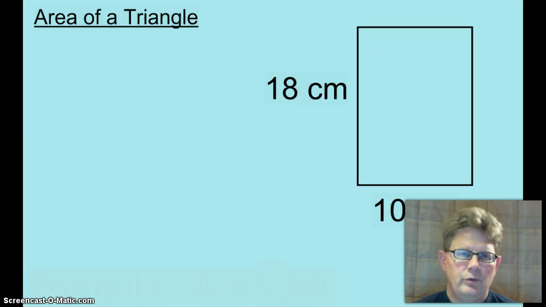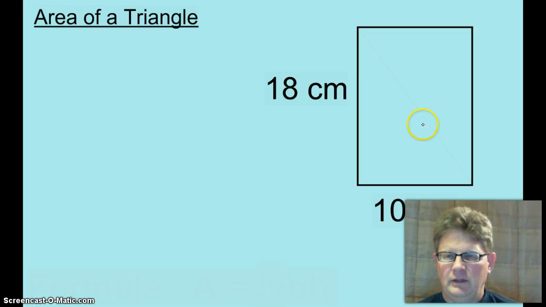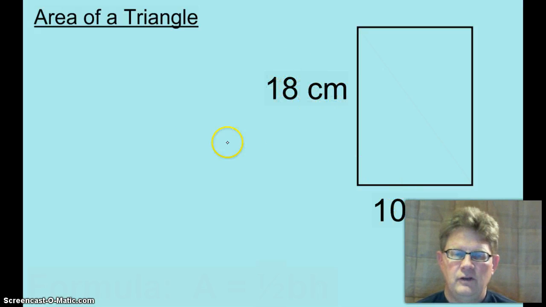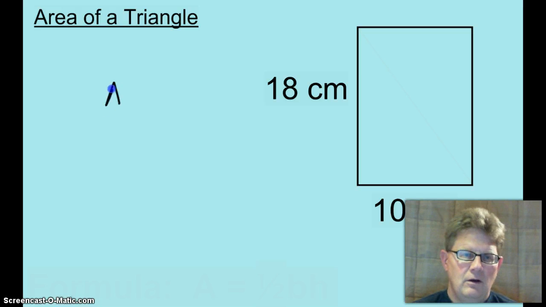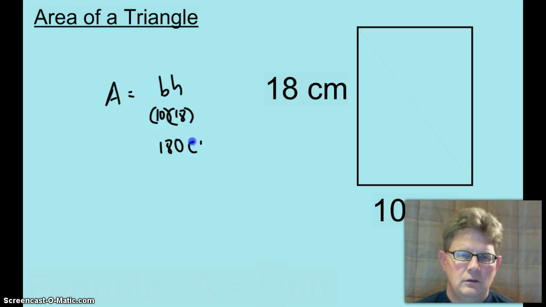Well, let's look at this rectangle for a second. What's the area of that rectangle? The base is 10 and the height is 18. The area would be base times height, 10 times 18. The area would be 180 square centimeters. Yes, that is correct.